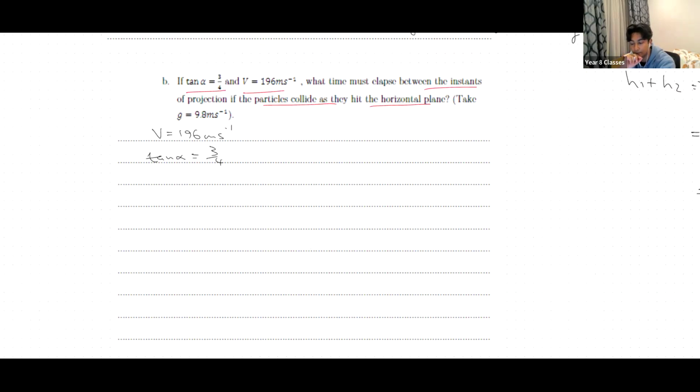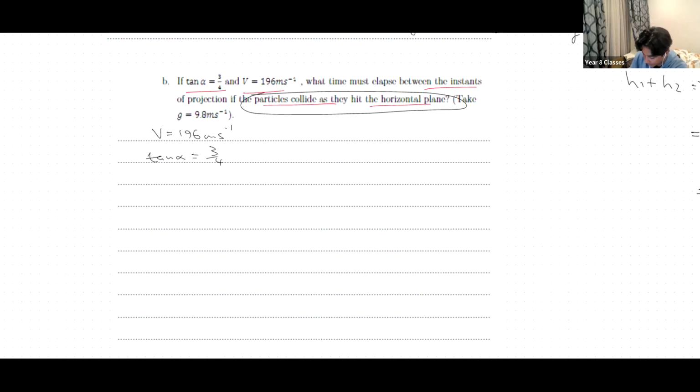Just to get you started on this question, it's telling you that the particles collide when they hit the horizontal plane, so y equals 0. But also think that it means that your equation for the x displacement of your first particle is going to equal the x displacement of your second particle.